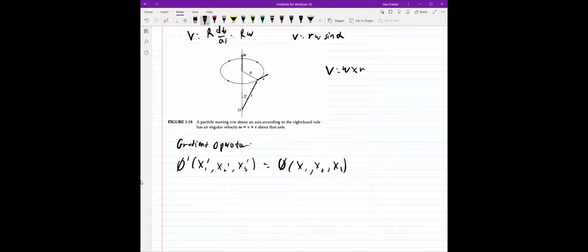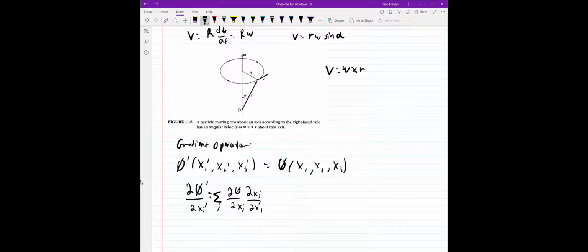If I take the partial of phi prime with respect to the coordinate axes, j, it's just the partial with respect to x j prime. In other words, we're just refactoring this.